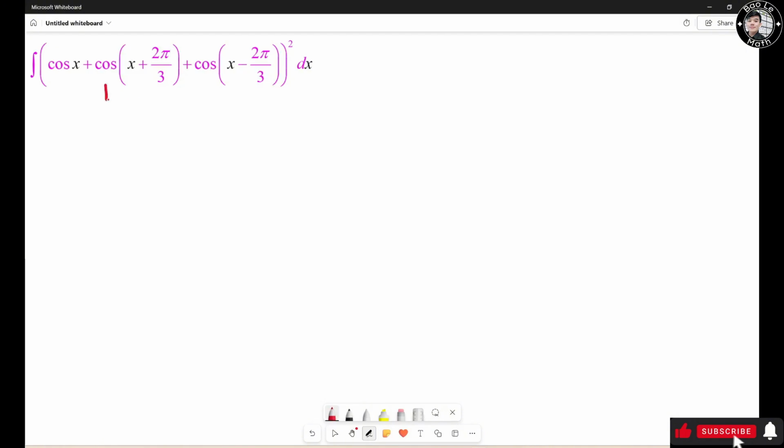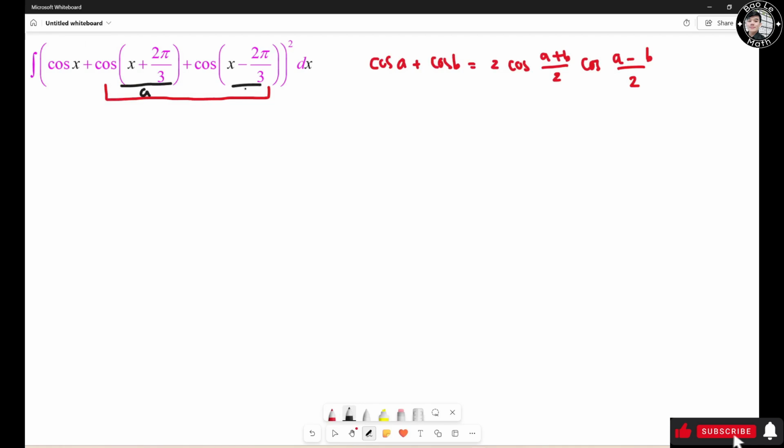We need to simplify the inner expression first by using the formula cos a + cos b = 2 cos((a + b)/2) cos((a − b)/2). In this situation, a equals this one and b equals this one.